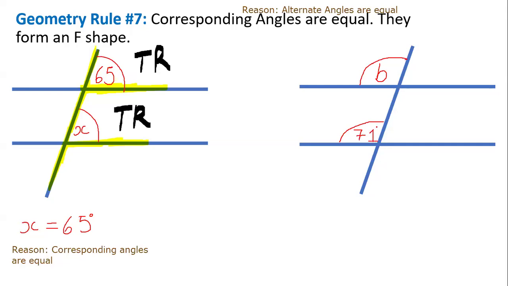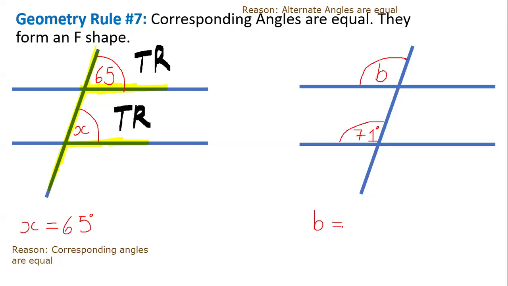What must B be? If this is B and this is 71, what must B equal to? 71 degrees.